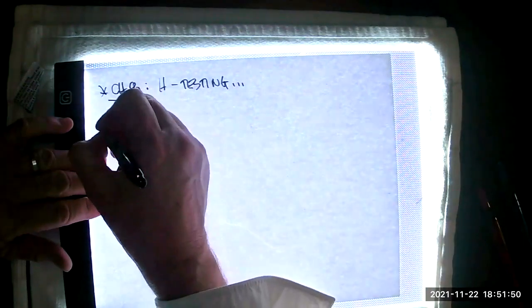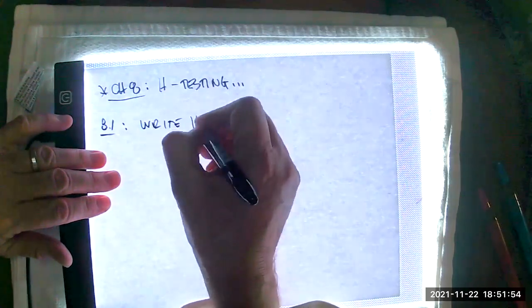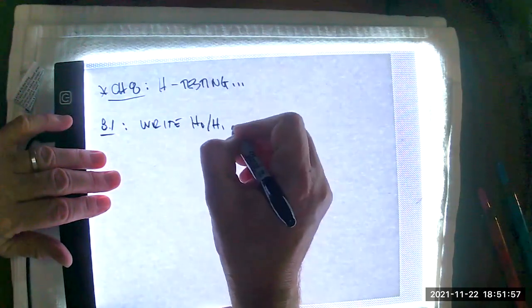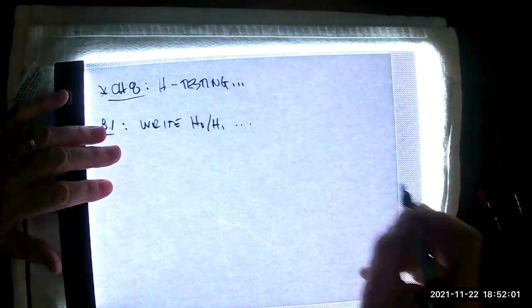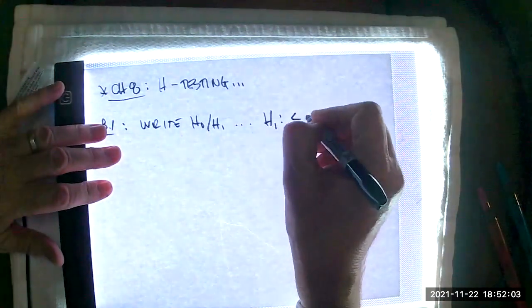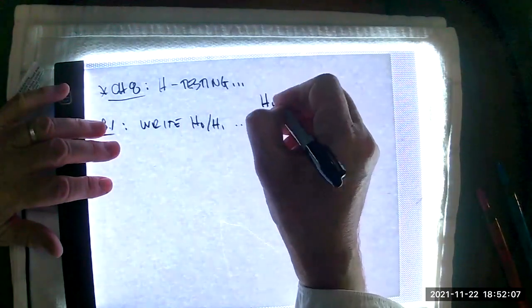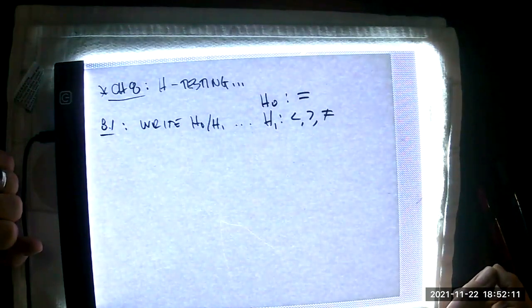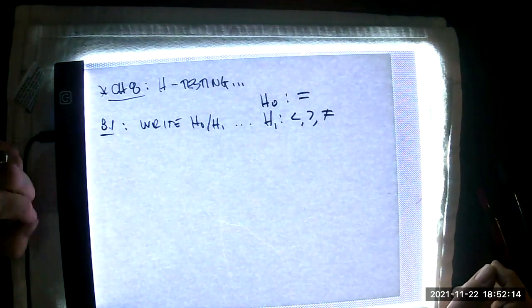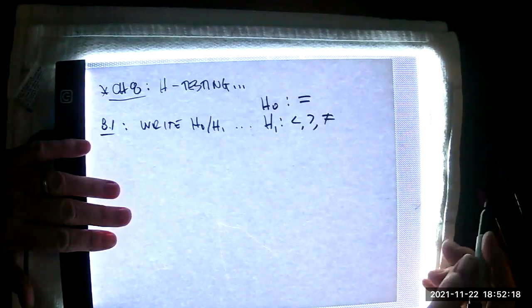So from 8.1, you should be able to write the null and the alternative hypothesis. You should be able to know that the alternative hypothesis never contains equality, while the null hypothesis always, always, excuse me, contains equality.